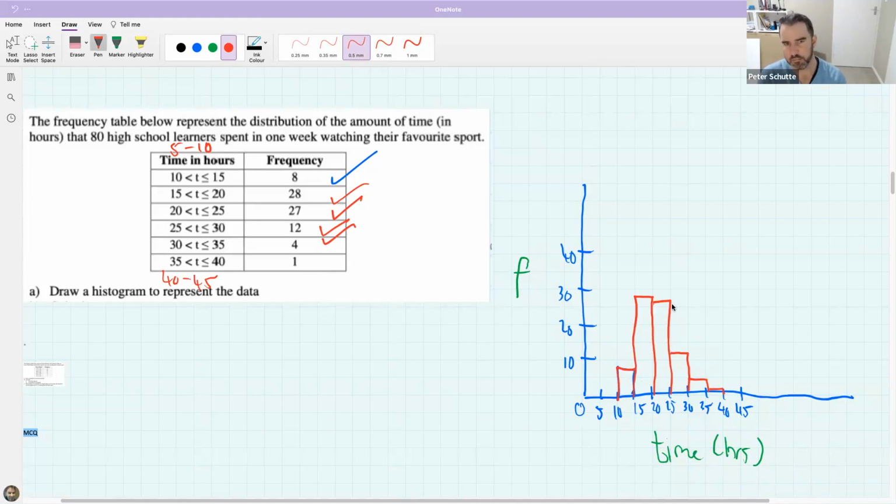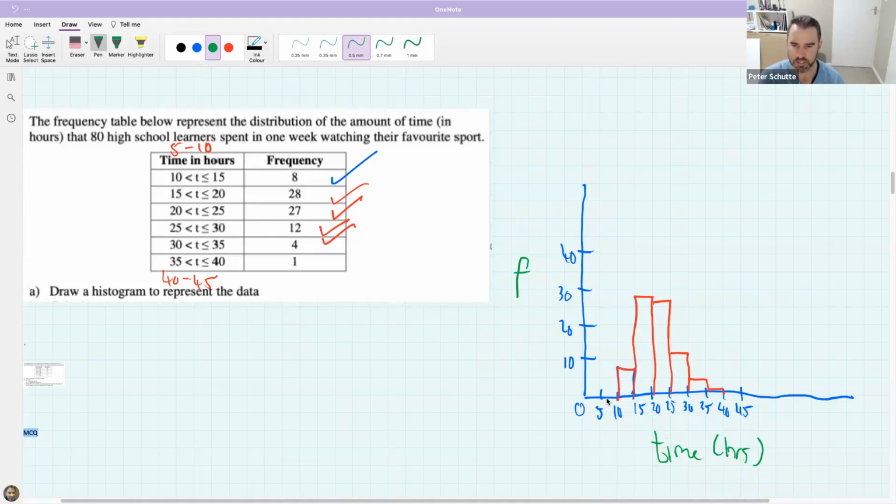Write in the chat H for histogram when you've finished with your histogram. I just want to get a feel for how things are going. So just type H when you're done with your histogram. And then once you're done with the histogram, move on to the frequency polygon. It's not wrong to do extra working, but it's not difficult to see where the points are going to be, because it's halfway into the interval.